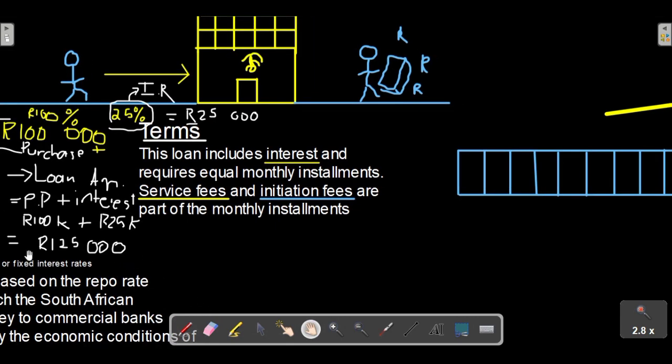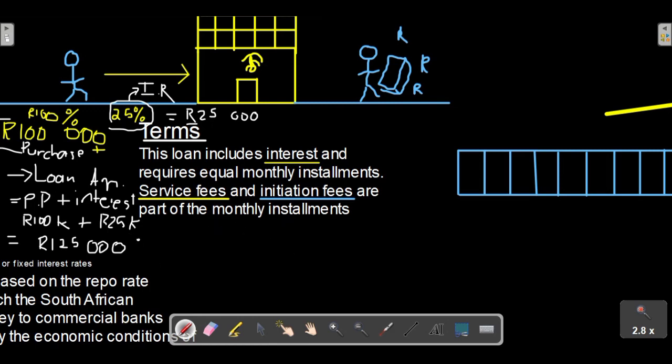So they'll divide this money by the amount of months, or the amount of time, that you'll be paying it over, right? So if it's 2 years, how many months is that? 2 years is 24 months, right?